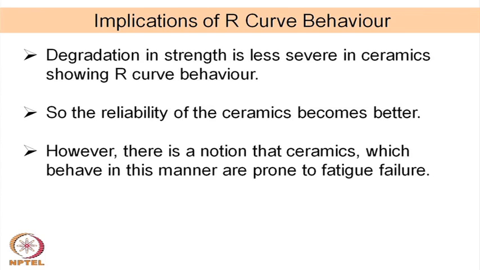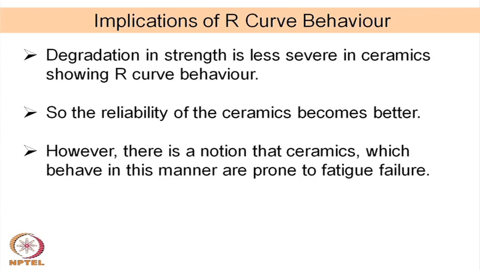However, there is a proposition, or there have been some observations by researchers, that the materials which show R-curve behavior normally are prone to fatigue failure. Well, fatigue failure is basically from cyclic loading. We will mention briefly what fatigue is later on, but so far we are discussing strength.